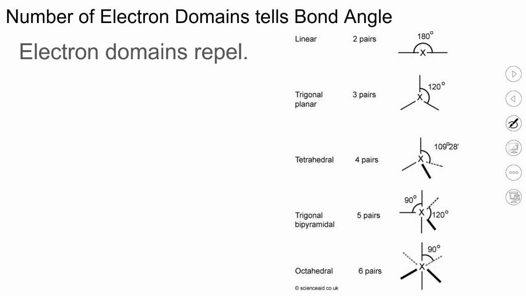Okay, so let's draw something that looks like water. So we need the tetrahedral one. We need 2 that are hydrogen.